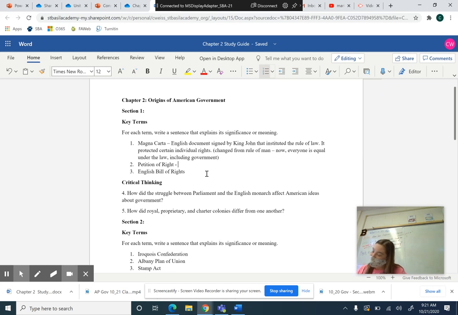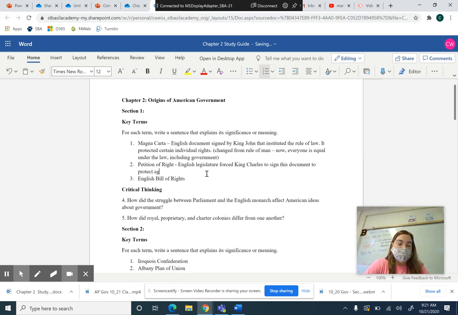Basically, the English legislature forced King Charles to sign this document. And then what did you say? To protect individuals against the state. Awesome.